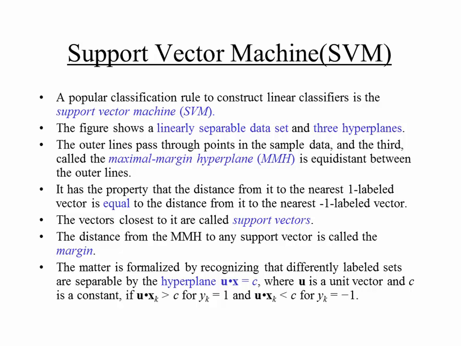It has the property that the distance from it to the nearest one label vector is equal to the distance from it to the nearest minus one label vector. Like we have a circle and we have dots, one of them we are labeling 1, one of them -1. The vectors closest to the maximal margin hyperplane are called the support vectors. And the distance from the maximum margin hyperplane to any support vector is called the margin.